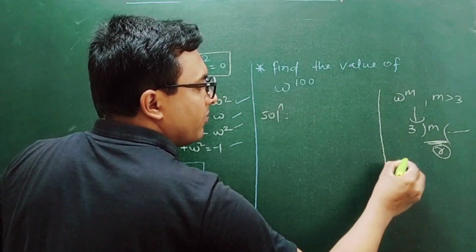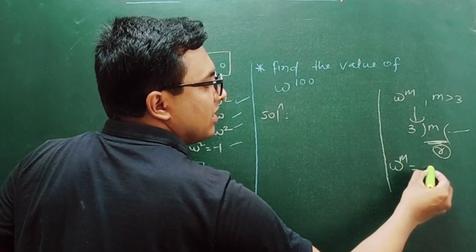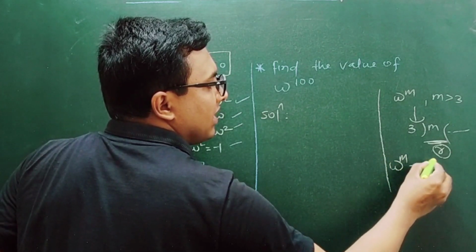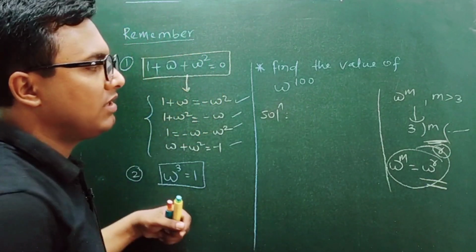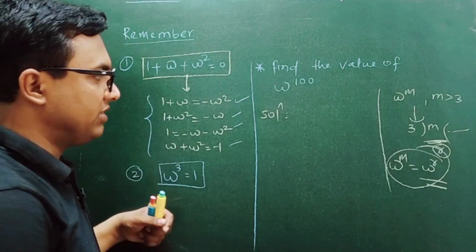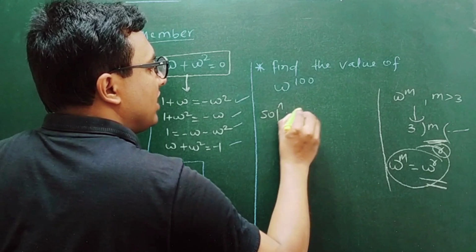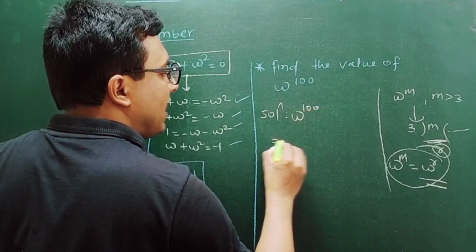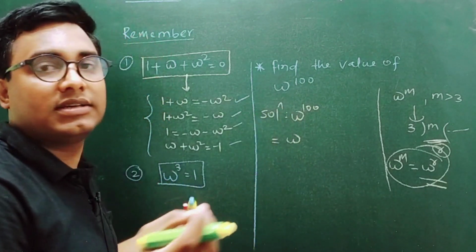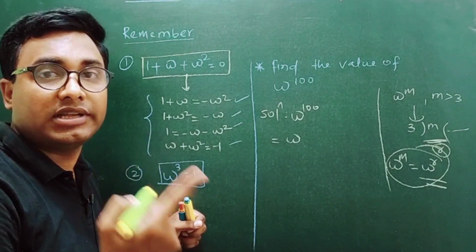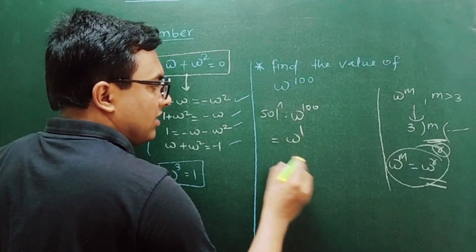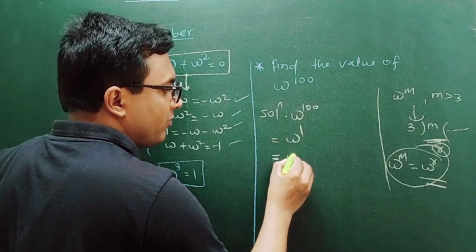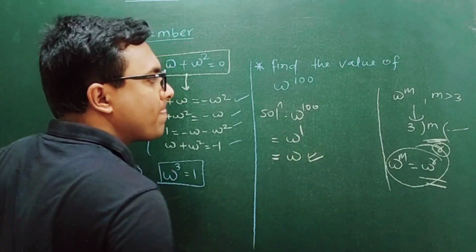So omega to the power m is equal to omega to the power r. Hence omega to the power 100: divide 100 by 3, 3 times 33 is 99 and 100, we get remainder 1. So omega to the power 1 is equal to omega. Right?